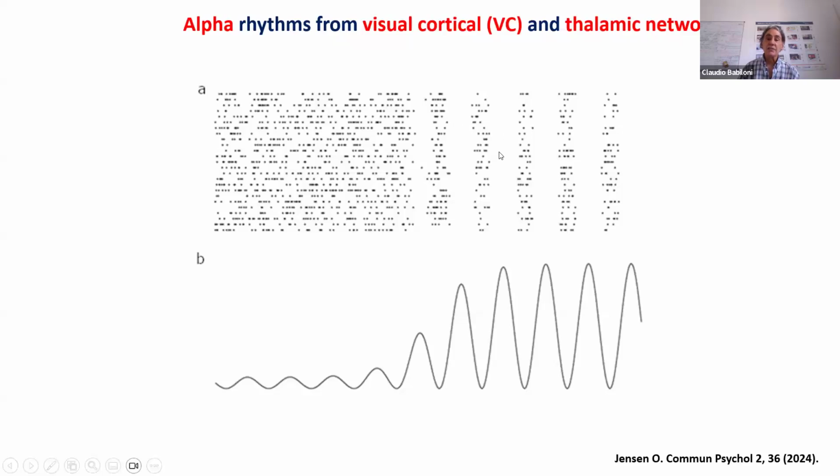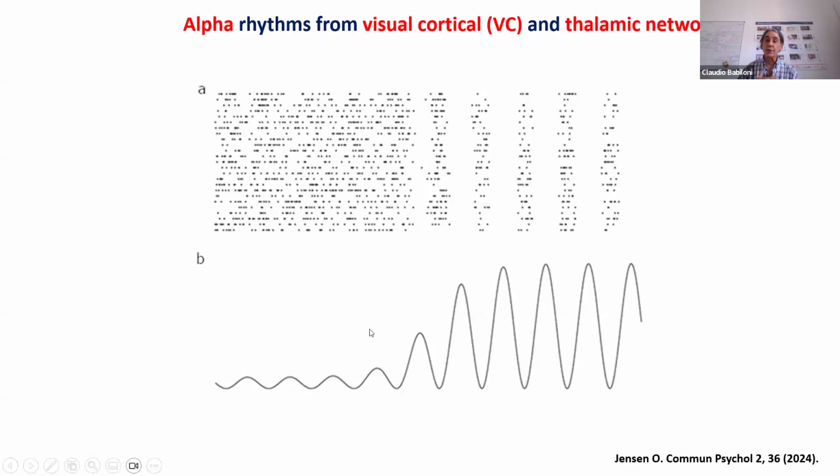EEG activity doesn't reflect the activity of all neurons in the cerebral cortex, but specifically cortical pyramidal neurons, and not the activity per se, because you see that in the first part of the recording, you have a lot of action potentials, a lot of neural activity, but the lack of temporal synchronization of this activity across cortical neurons, the lack of synchronization doesn't allow to record EEG activity with ample peaks.